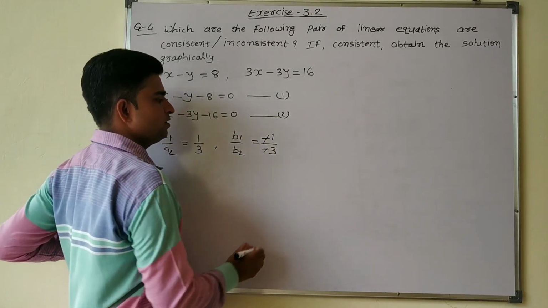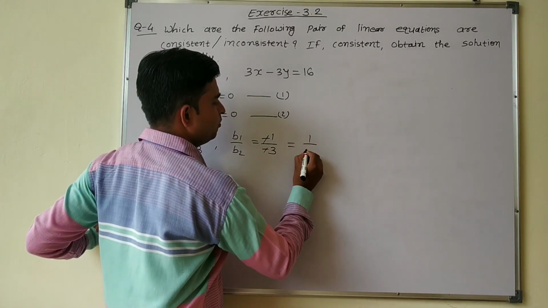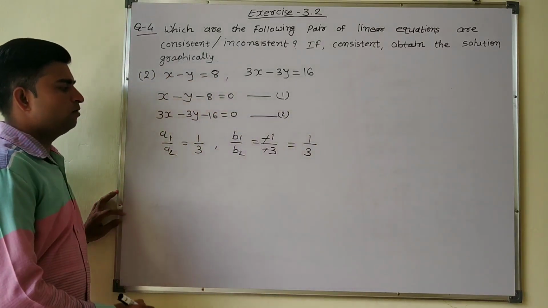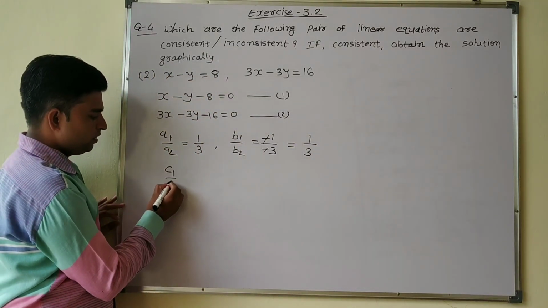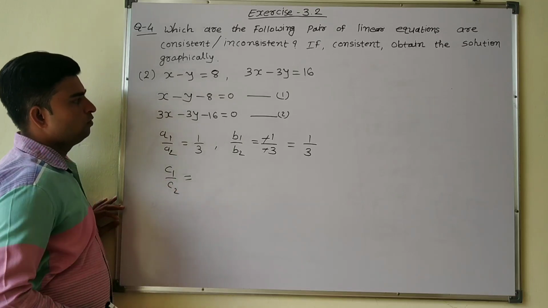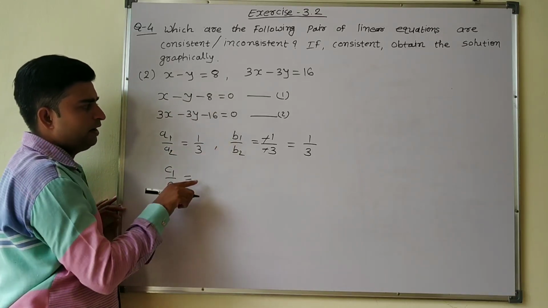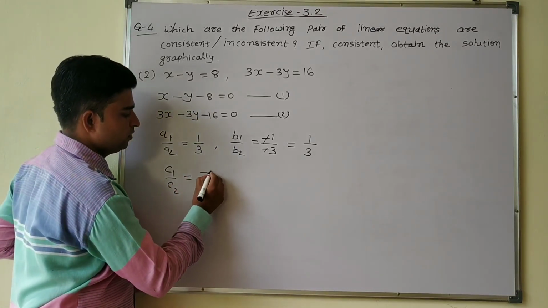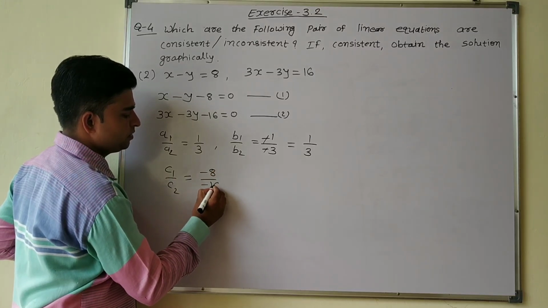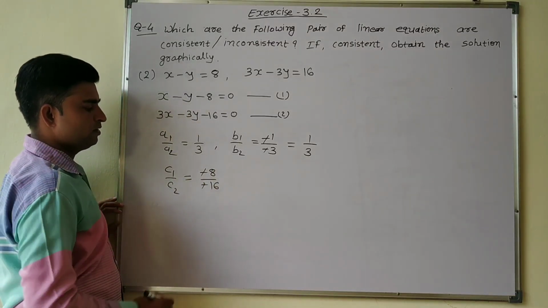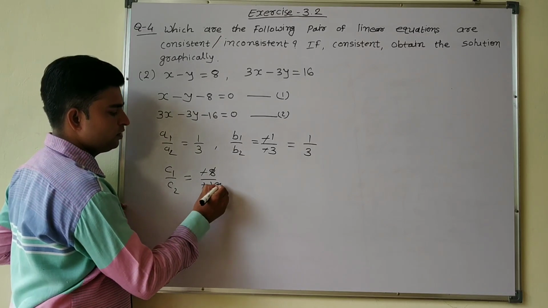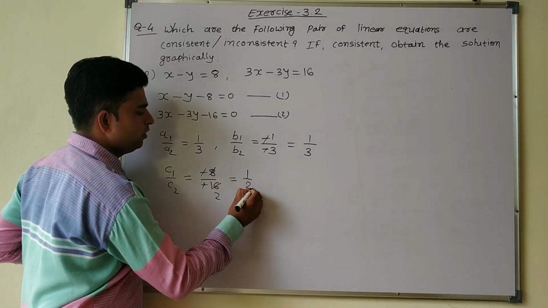The minus signs cancel, so it becomes 1 upon 3. Now the third ratio C1 upon C2. From here C1 is minus 8 and C2 is minus 16, so minus 8 upon minus 16. The minus signs cancel and 8 twos are 16, so it becomes 1 upon 2.